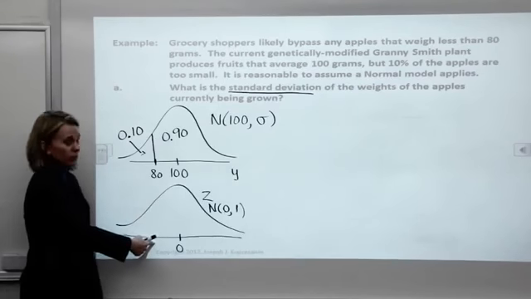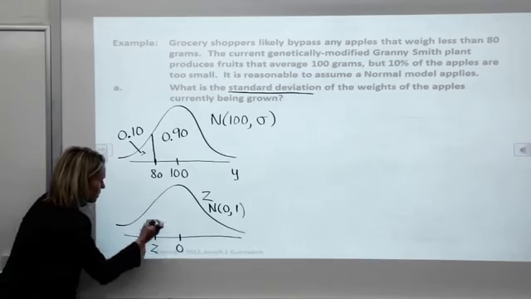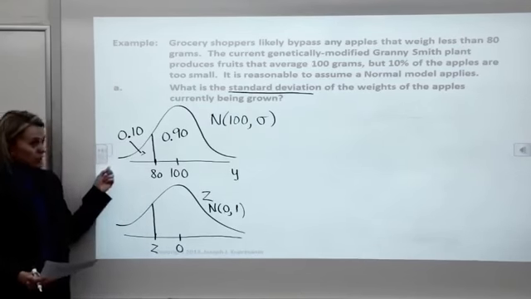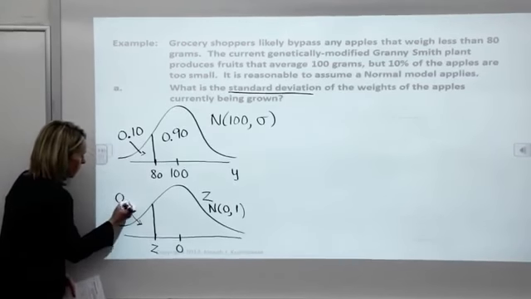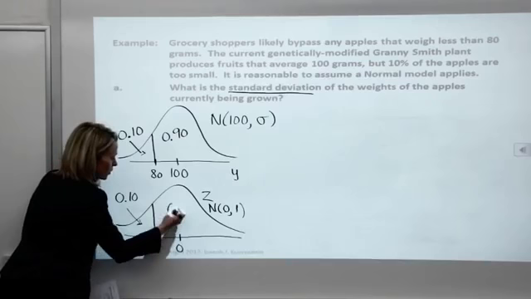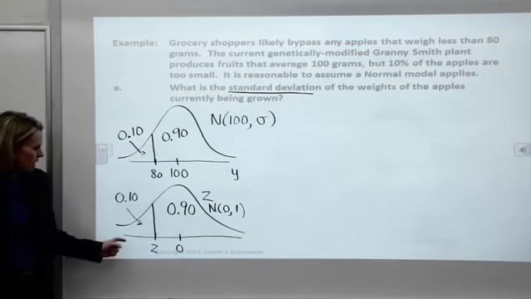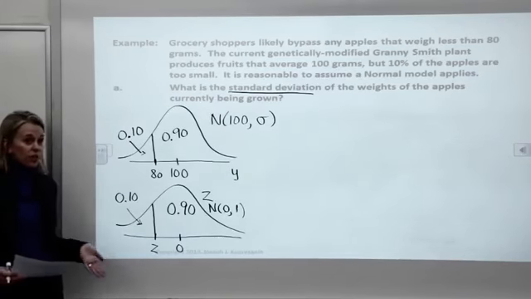I don't know what it is, but I can see from my picture it's going to be negative. For that Z-score, the area to the left is also going to be 10%, 0.10, and the area over here will be 90%.